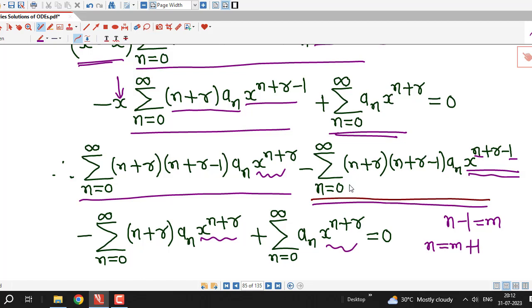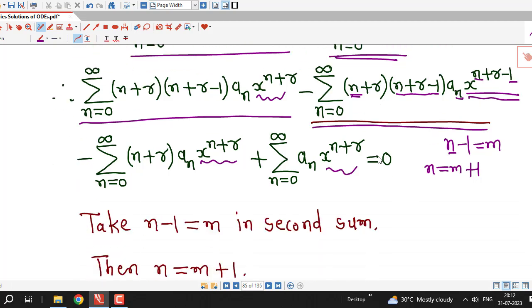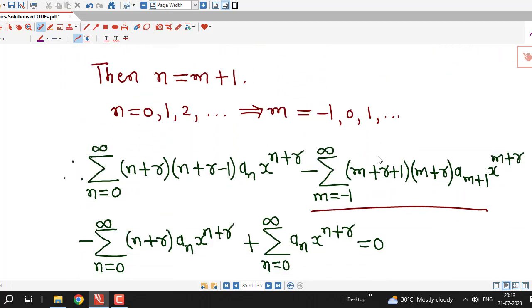When n starts from 0, m will start from minus 1, and here n will be replaced by m plus 1, so we will have m plus r plus 1. Here n will be replaced by m plus 1 plus r minus 1, so m plus r. This n will be replaced by m plus 1, and here n minus 1 will be replaced by m, so we have x raised to m plus r. So that I have written here, and rest of the things as it is.